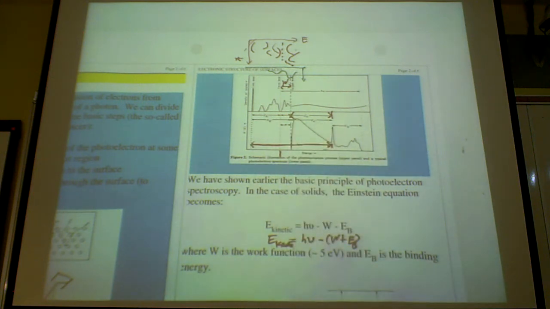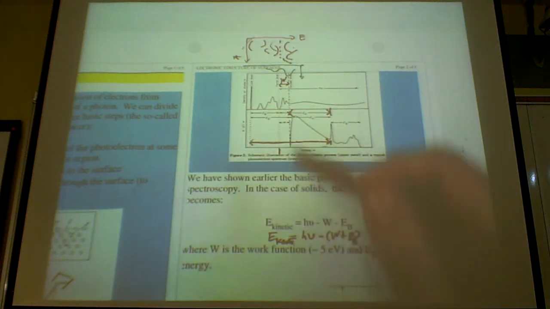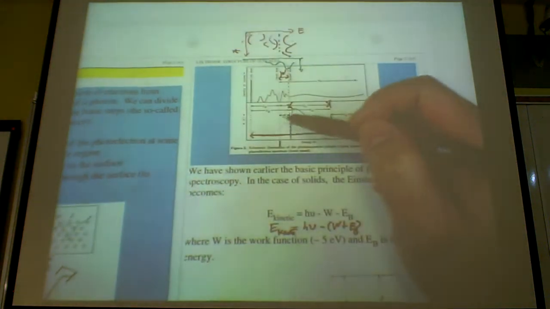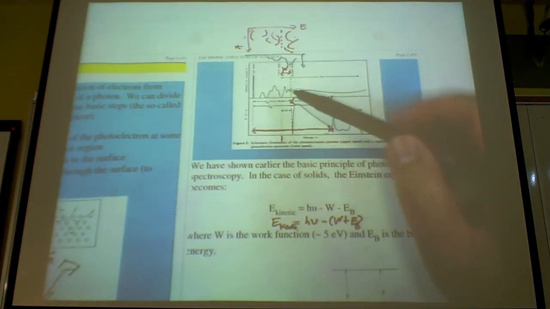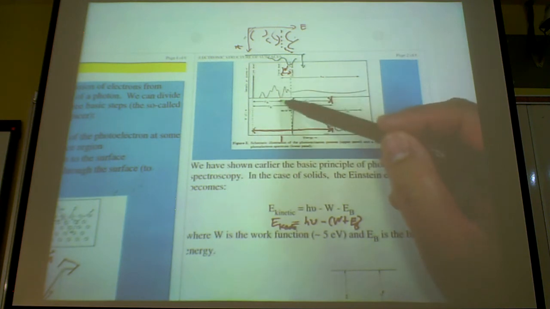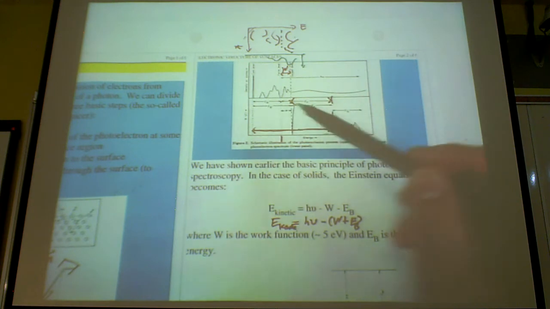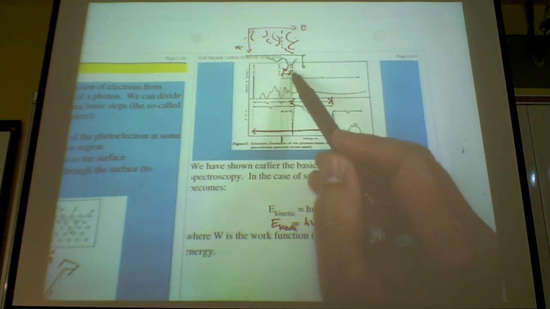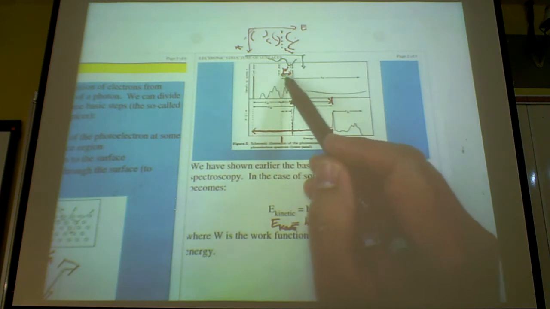There is some confusion about how you measure this binding energy, and there are different reference points. Technically you should reference your binding energy in the solid. When people talk about binding energy, they reference it to the Fermi level. But of course the Fermi level is not really free, because you have a little bit of extra energy before it actually becomes a free electron, and this extra energy difference is known as the work function.